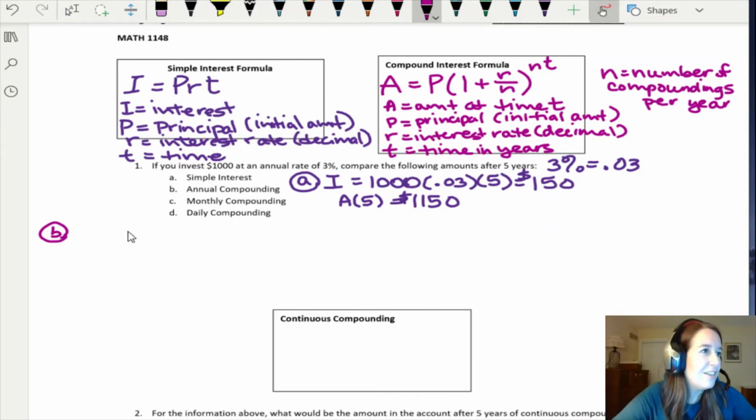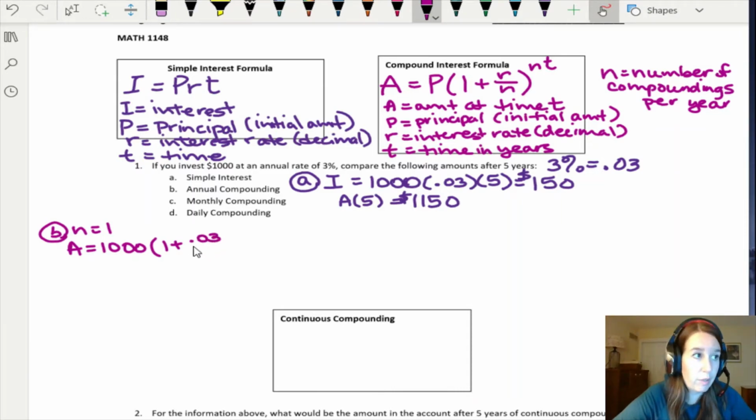All right, so for annual compounding, that just means that n is equal to 1, right? Because the number of compoundings per year is 1. So we're going to say the amount is equal to the principal, 1,000, times 1 plus the rate is still 0.03.